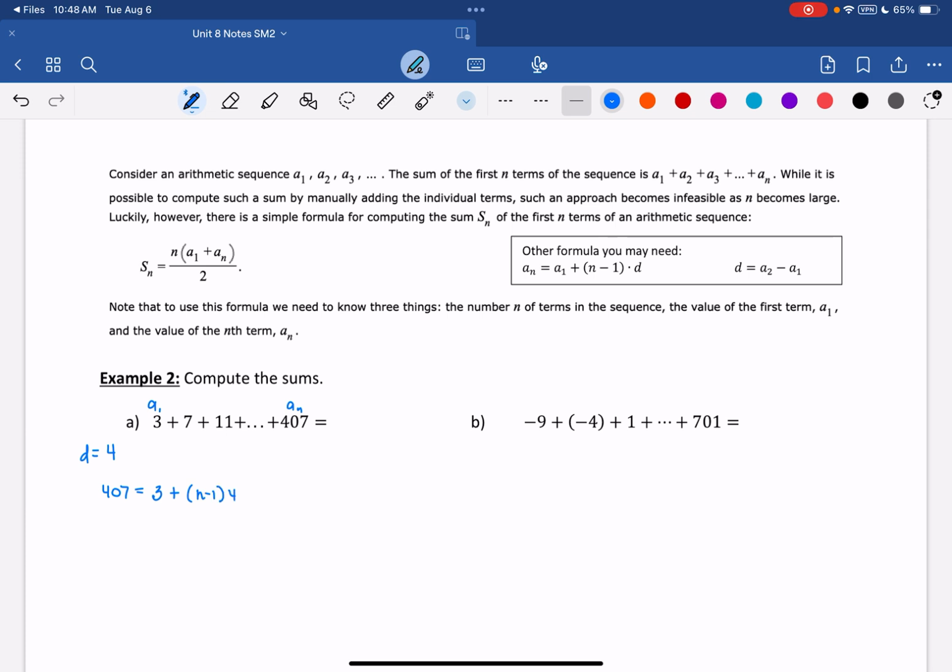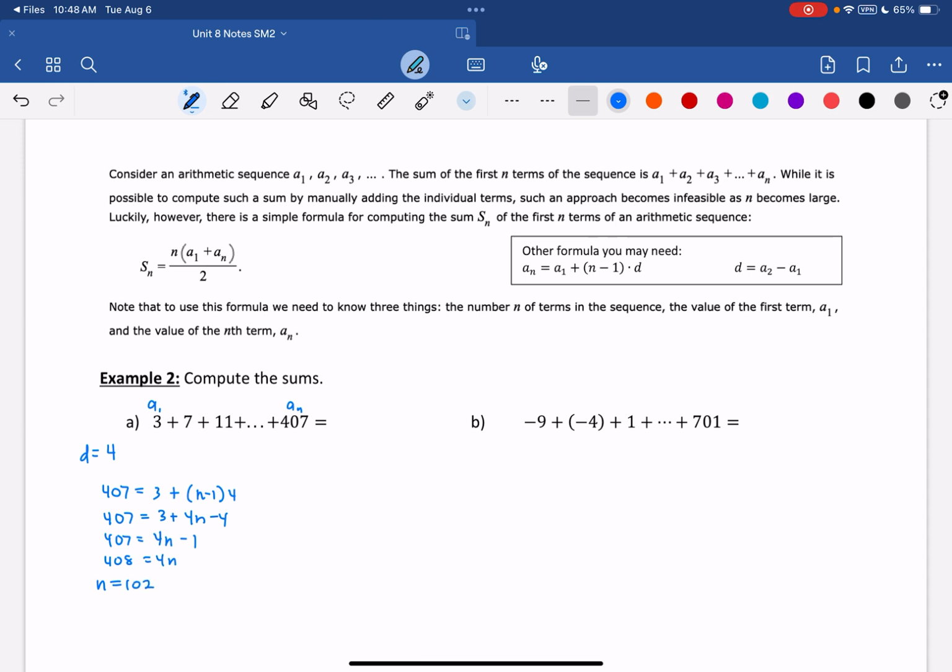Simplify this a little bit. Let's distribute first. So 407 is equal to 3 plus 4n minus 4. So 407 is equal to 4n minus 1. Then we get 408 is equal to 4n, so n is equal to 102.